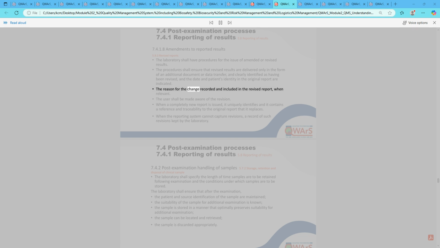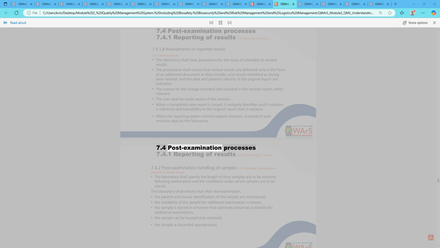The reason for the change is recorded and included in the revised report when relevant. The user shall be made aware of the revision. When a completely new report is issued, it is uniquely identified and contains a reference and traceability to the original report that it replaces. When the reporting system cannot capture revisions, a record of such revisions is kept by the laboratory.